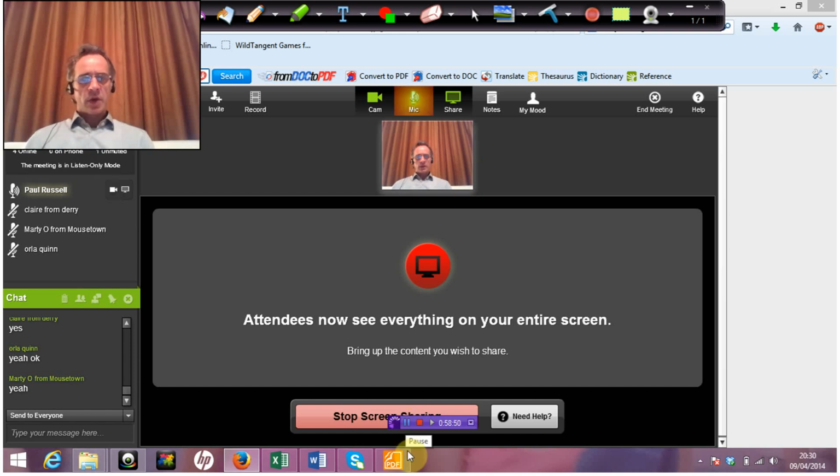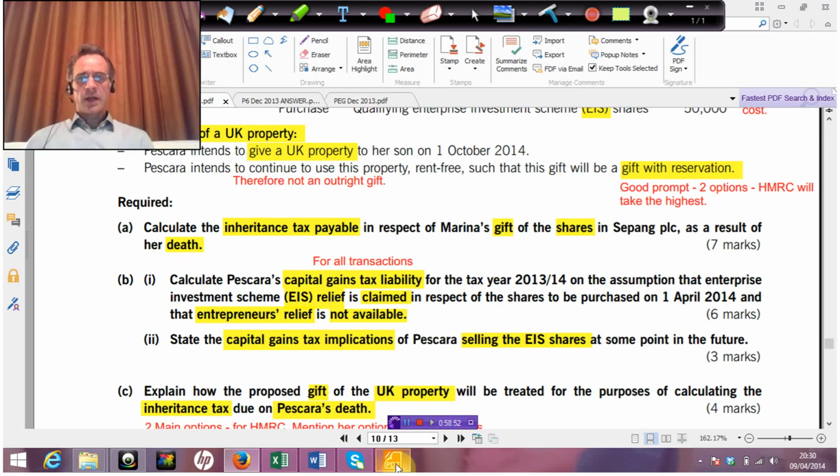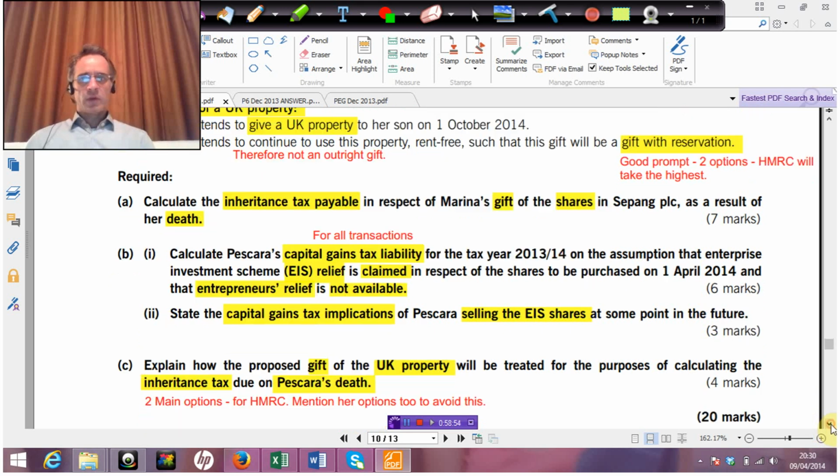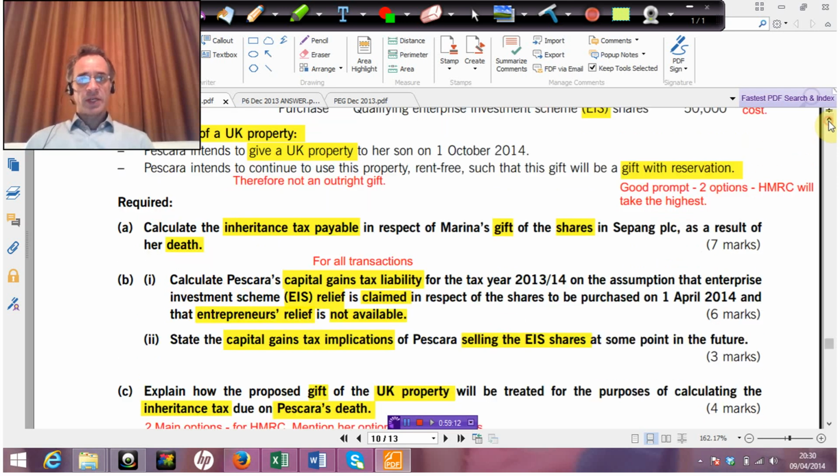Okay, so our recording is started again, and we were just moving through onto part C in relation to Pescara. What they're asking us to do is to give an explanation in relation to the gift of the UK property. They've given us a good prompt, and he does tend to do this.